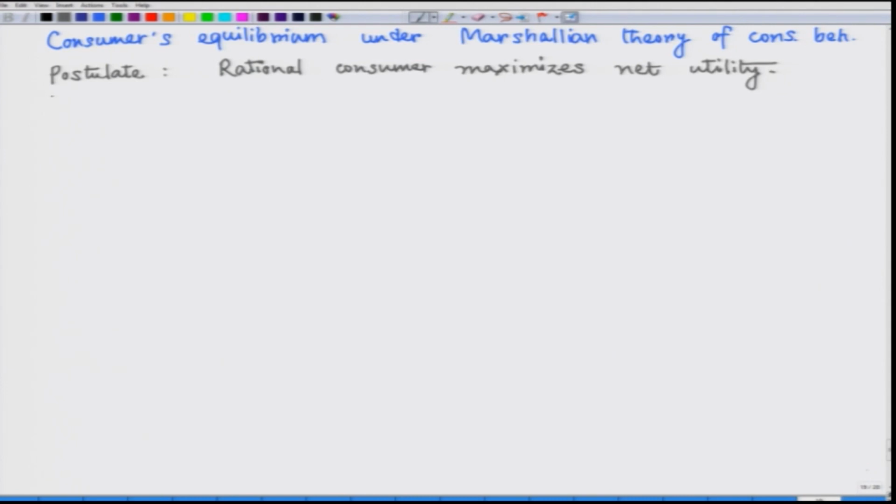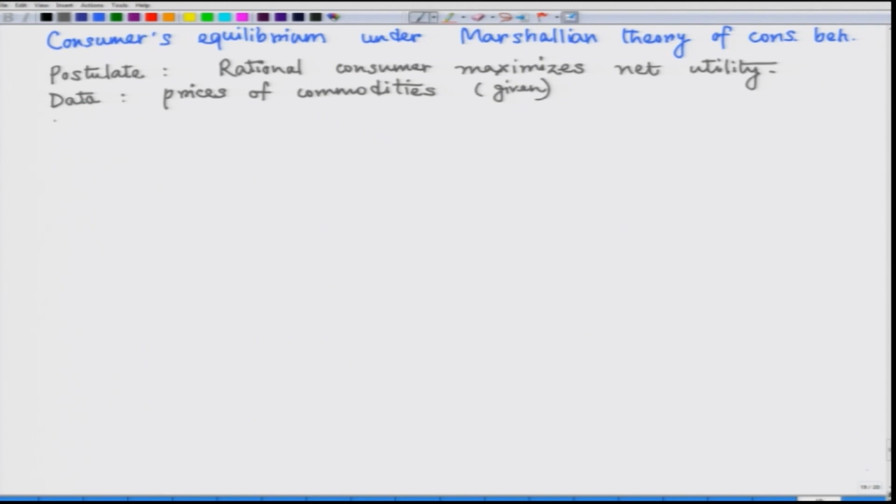And then data, another important component of any economic model. So, what is data in Marshallian model? These are the prices of the commodities, which are given to the consumer.